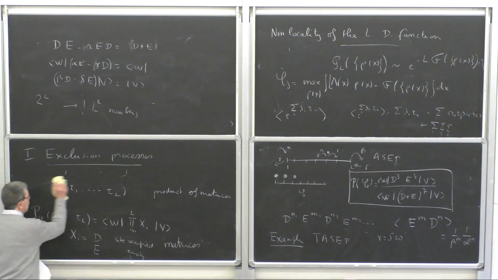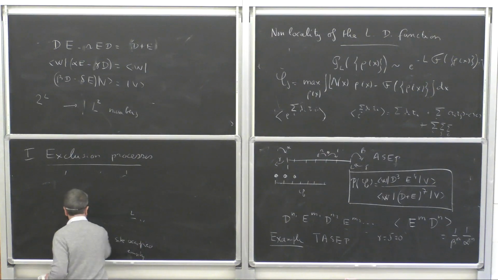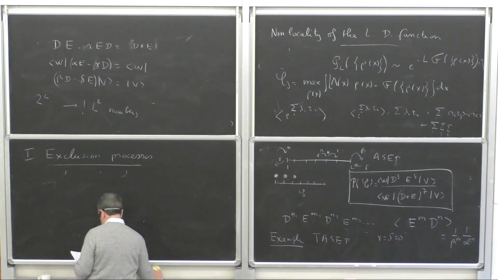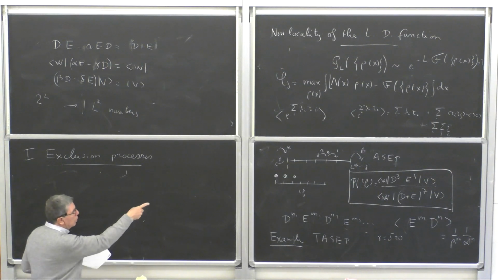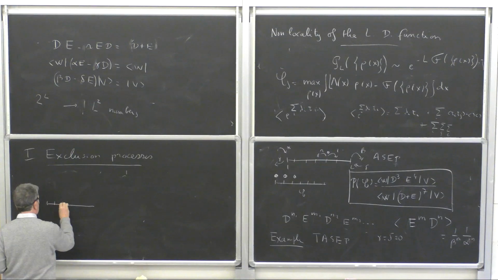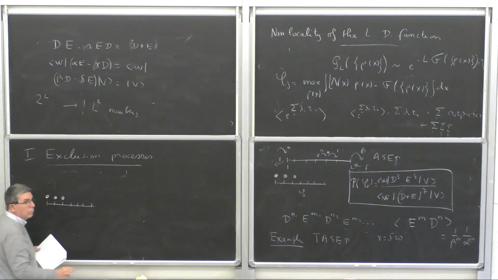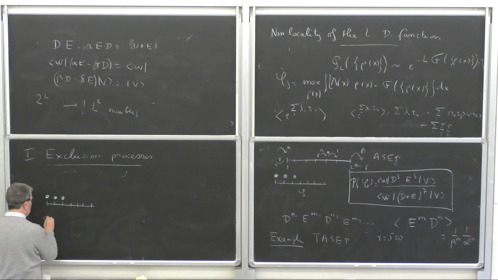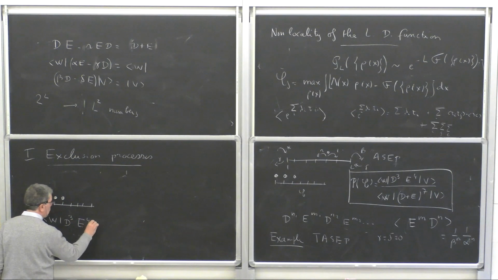So let me just take this configuration, which has 7 sites. All these sites are occupied, and all these sites are empty. So the weight of this configuration is W D^3 E^4 V.